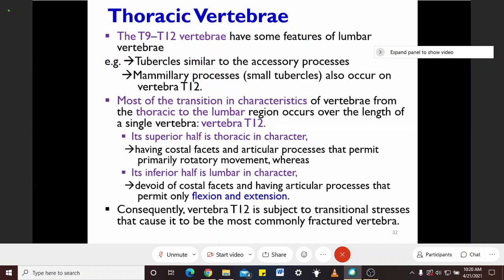And still, from T9 up to T12, there are some features that are specifically found in the lumbar region. For instance, there is a mammillary process on the T12.